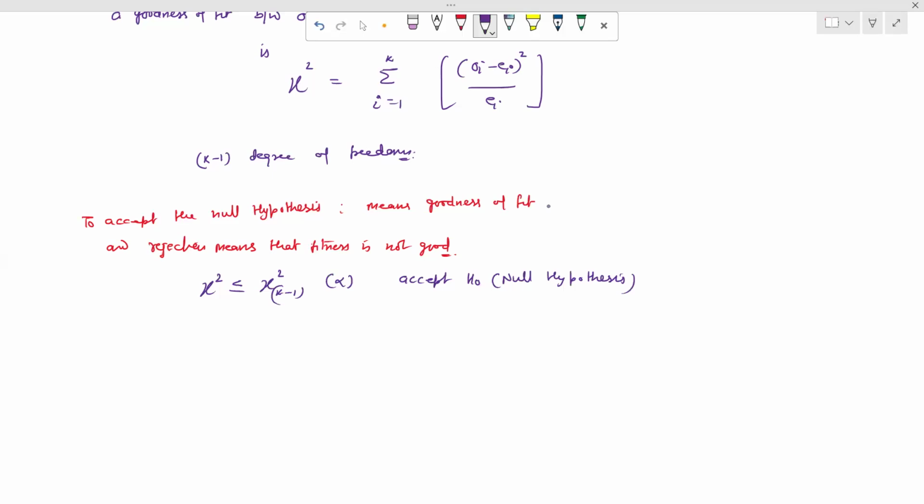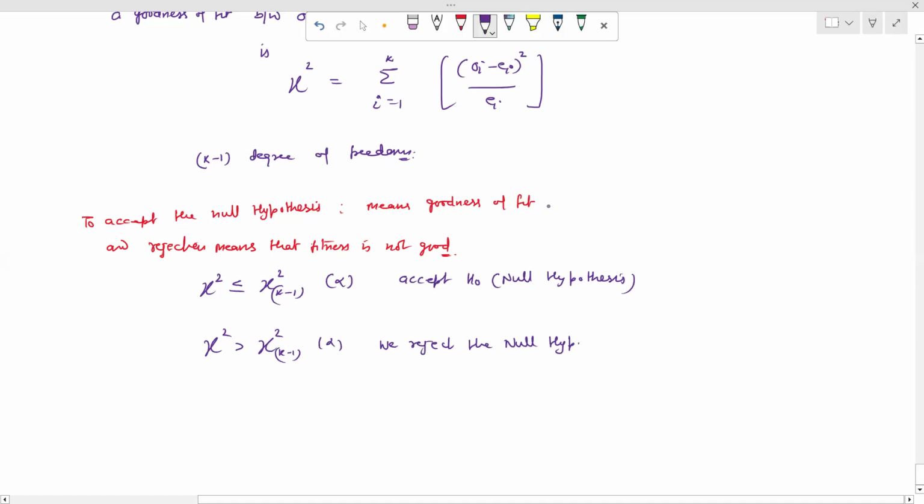And if chi square is greater than chi square with k minus 1 degrees of freedom, we reject the null hypothesis. So we use the tabular value also here for acceptance or rejection of the null hypothesis.